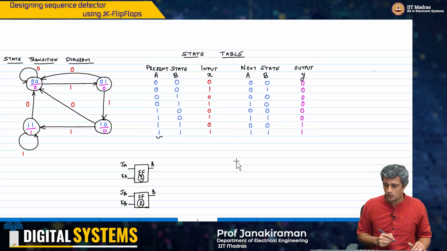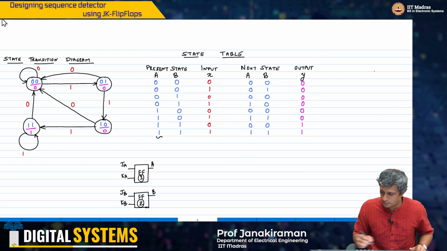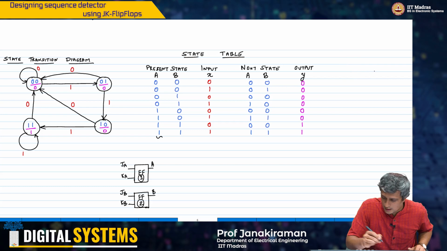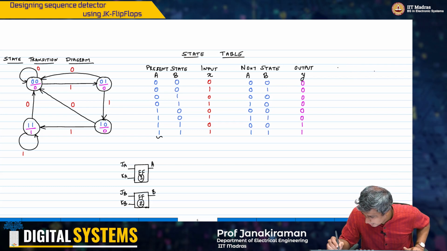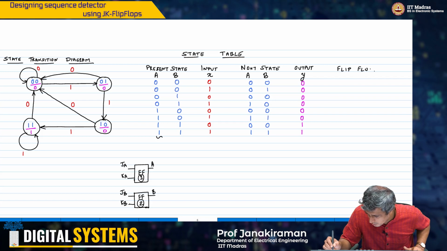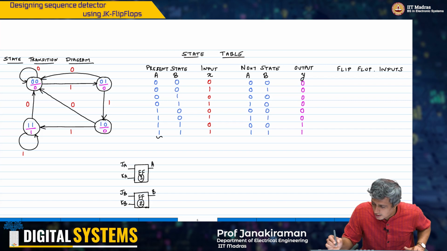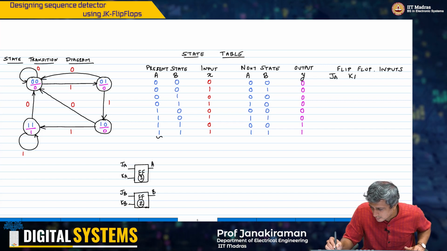Okay, I've got the space that I need. I need to know what my JA and KA are, JB and KB.